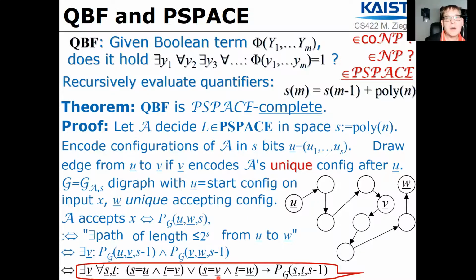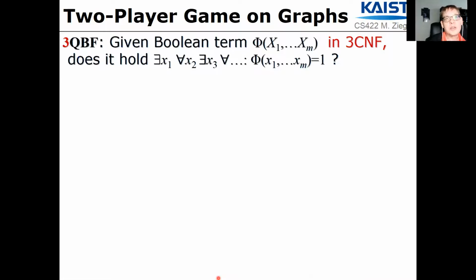Let's now consider a variant of QBF, namely 3QBF. 3QBF is the same, but with the additional condition that the part which is not quantified, the part after the quantifier prefix, is in 3 conjunctive normal form. With QBF in general, this is just an ordinary arbitrary Boolean expression in the variables with the quantifiers.